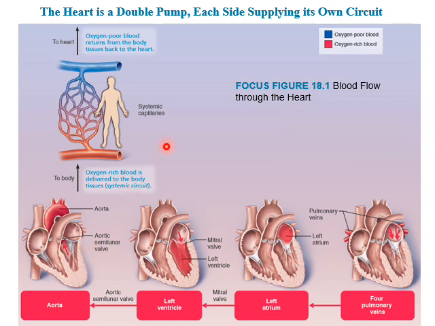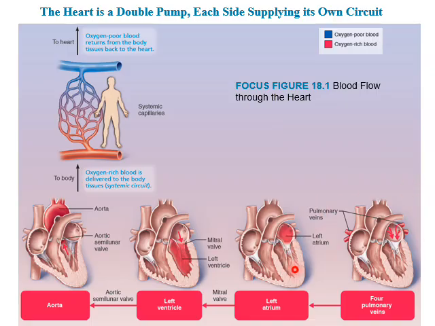The oxygen rich blood now is going to be delivered back into the pulmonary vein into the left atrium.